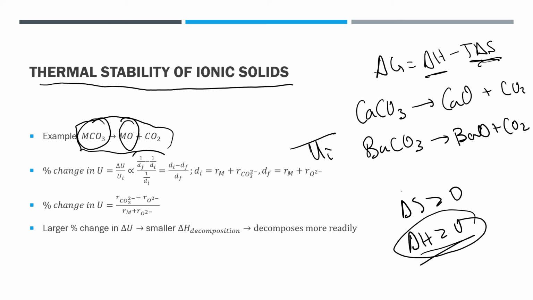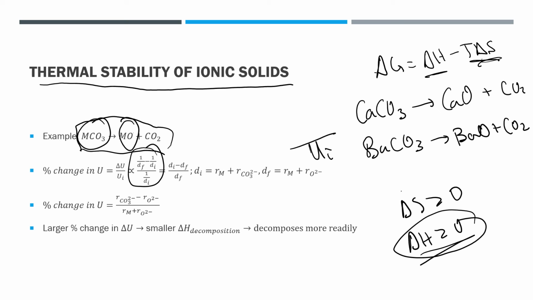And we're dividing by 1 over distance initial, because that's what the initial potential energy is proportional to. And if you rearrange the terms, you can get this to say that we have distance initial minus distance final over distance final, right? If we do some multiplication on the numerator and denominator, we'll end up with this expression here, which looks a little bit nicer.